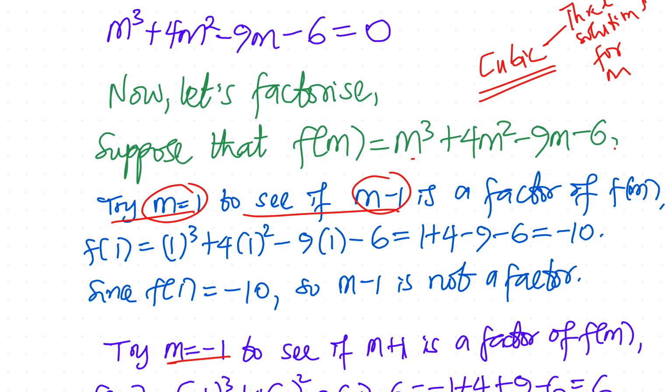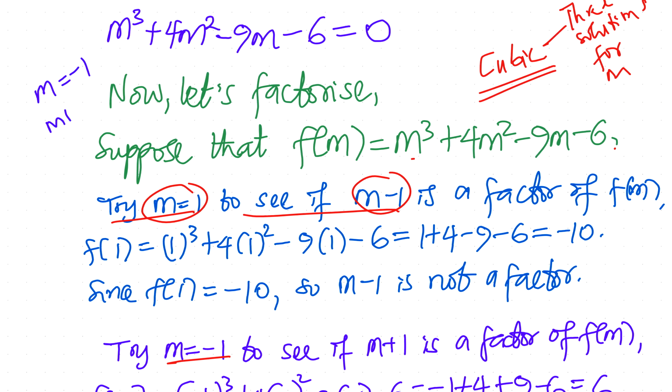If minus 1 gives us 0, then it is m plus 1, because transferring the minus 1 gives m plus 1 equals 0. So that means m plus 1 is a factor. That's what we are going to do.